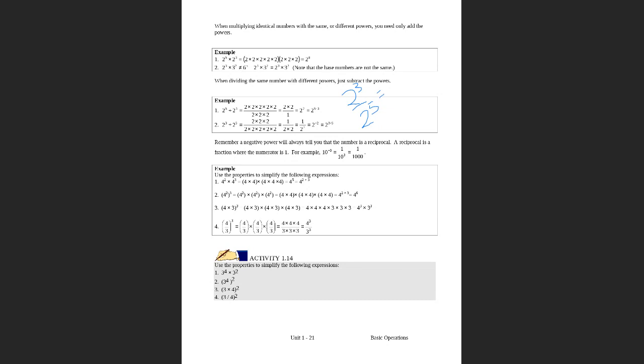We are going to have 2 exponent 3 minus 5, which gives us 2 exponent minus 2. 2 exponent minus 2 is the same as 1 over 2 squared.